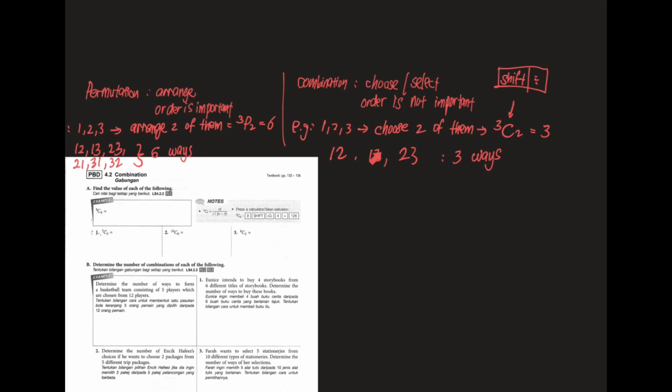We just want to see which numbers are chosen. So 2, 3 and 3, 2 are considered the same result because again we don't care about the order. So only 3 ways.